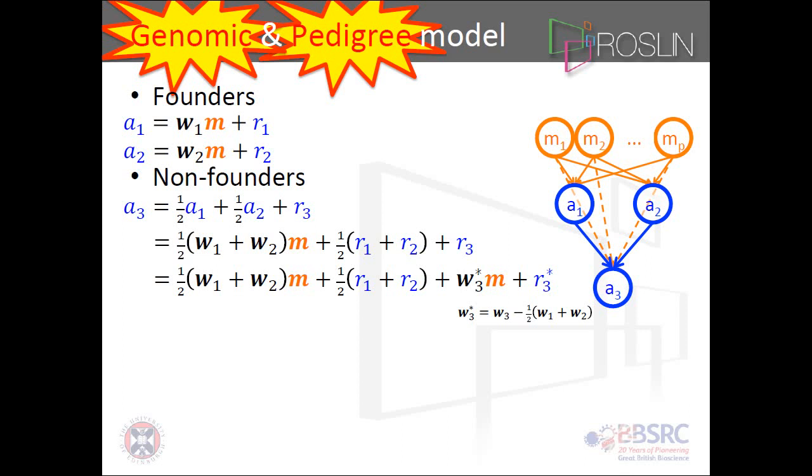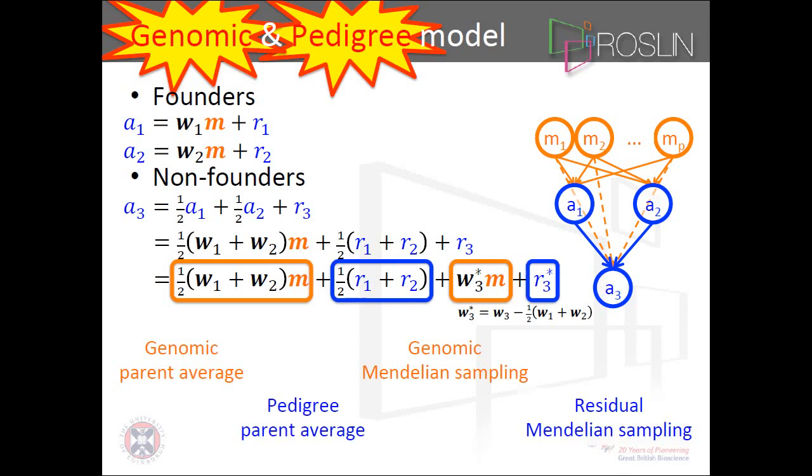Now, there is an important note here: you see the W star. This W star is basically a genotype vector of an individual. And from this one, I need to subtract the genotypic parent average, because the genotypic parent average is already in the parent average component.